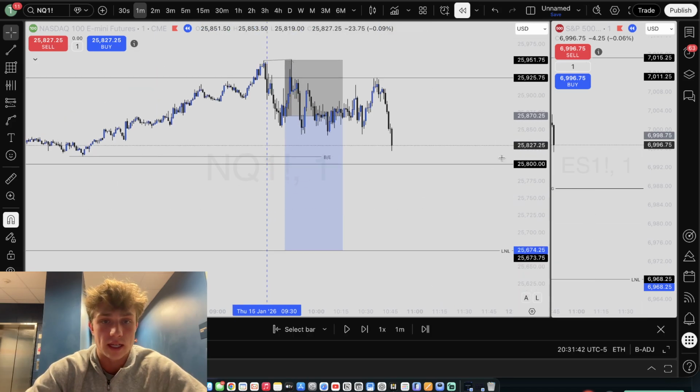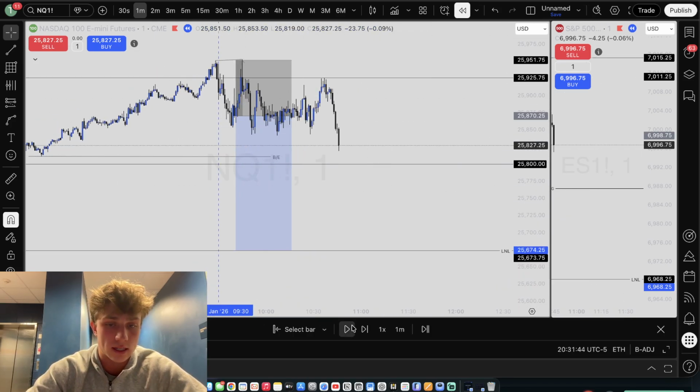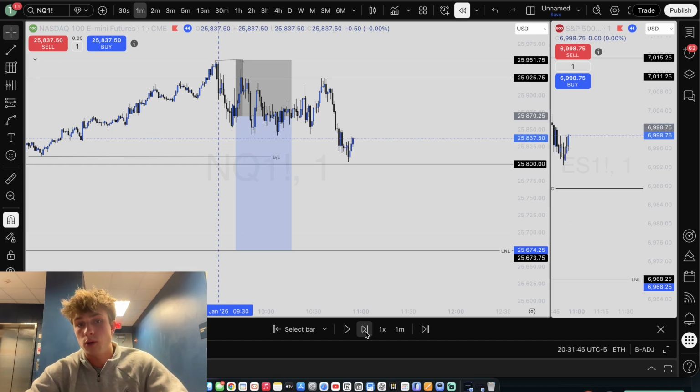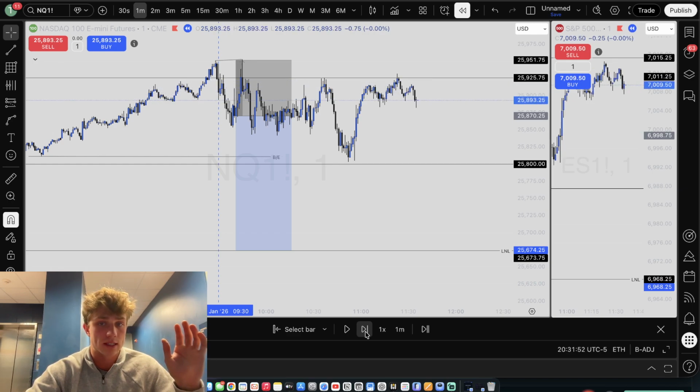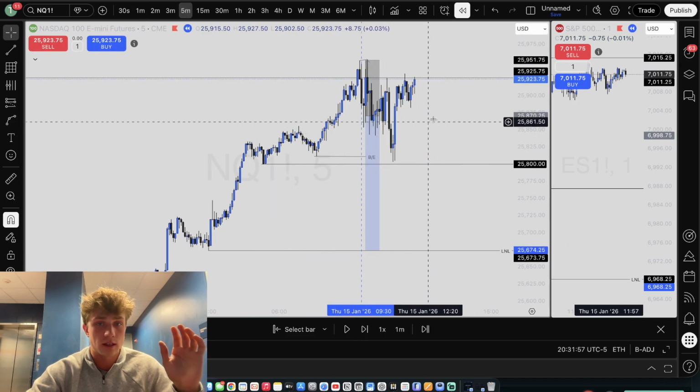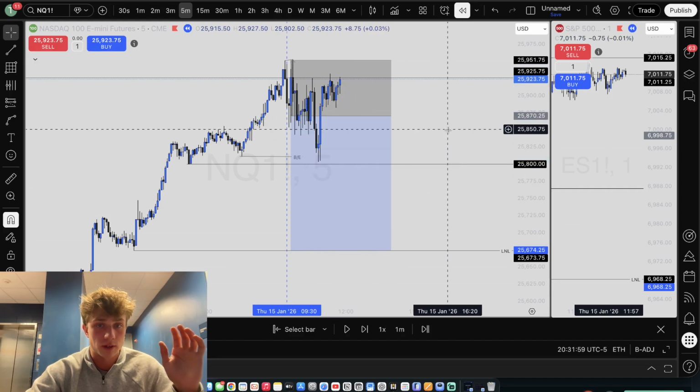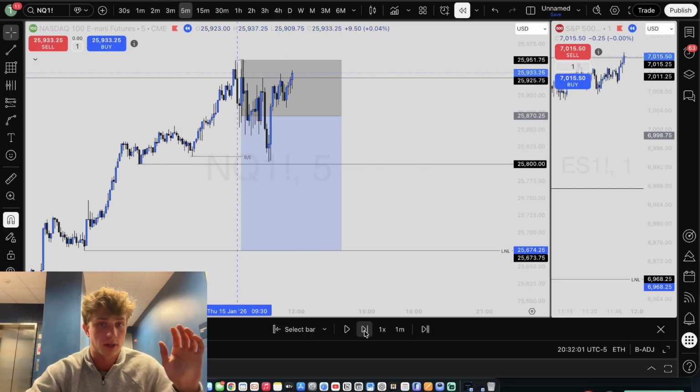And as you can see, if we had not gotten stopped out, we actually would have hit take profit. So if NASDAQ was just the leading index on the 5-minute time frame, we actually wouldn't have ever gotten stopped out, and we actually would have hit our take profit.